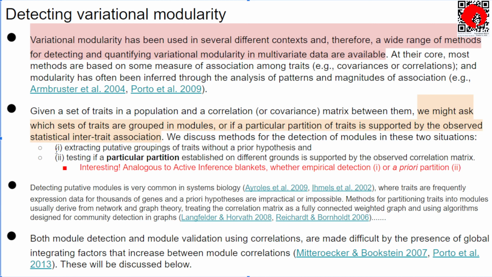So there are two situations where one is interested in doing statistical analysis on high dimensional trait spaces and then saying something about modular functions, or this kind of variational modularity. One, extracting putative groupings of traits without a priori hypothesis, the so-called fishing or bottom-up approach, or open-ended listening and modeling on a continuum. And two, testing if a particular partition established on different grounds is supported by the observed correlation matrix.